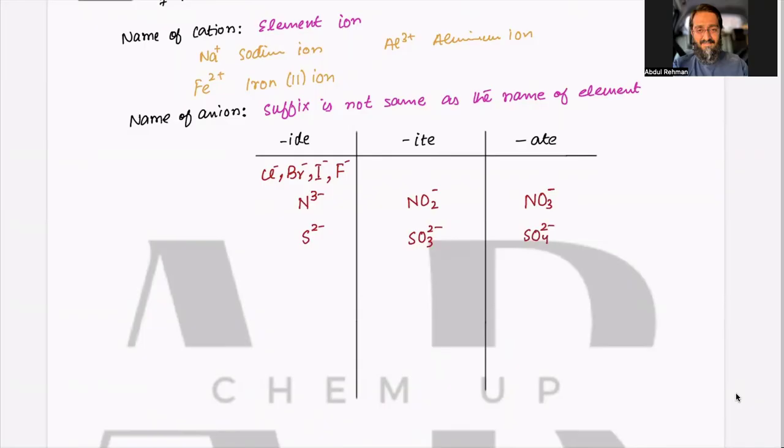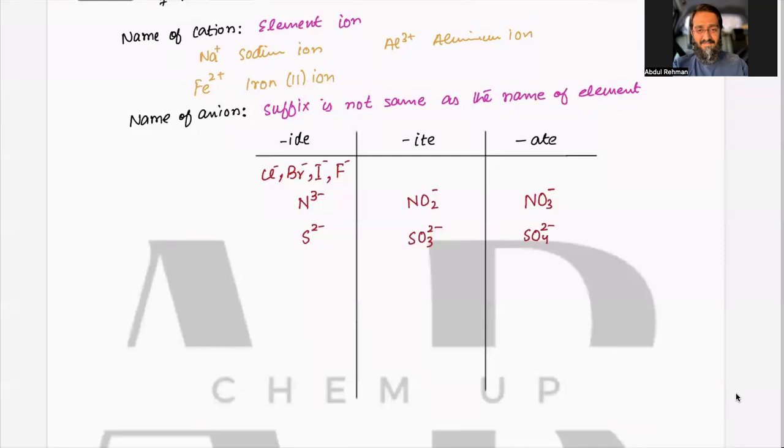Similar. It's IDE, but there is one exception in this as well. Besides that, if a single atom is there with the negative charge, then it is IDE. Otherwise, if it is bonded with oxygen and forming an anion, then it is either ITE or ATE.